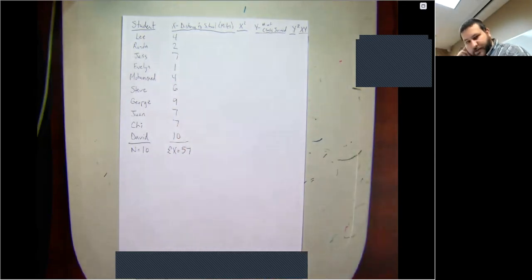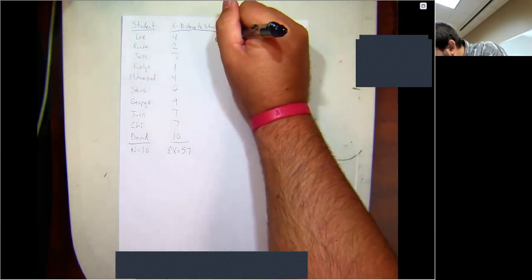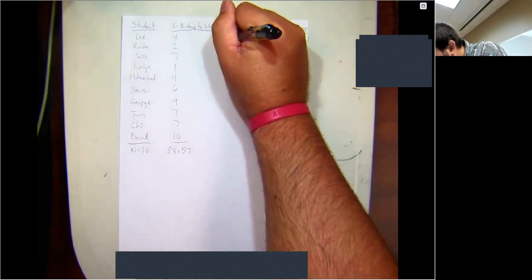Then for our X's squared, we're just going to square each of those values.